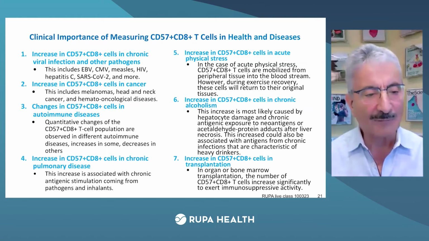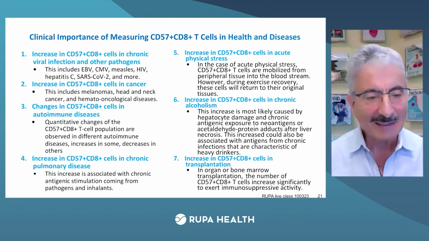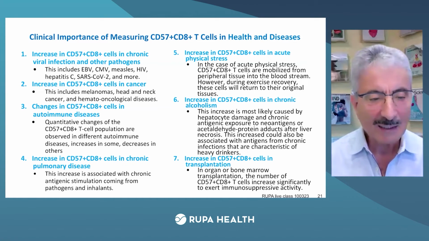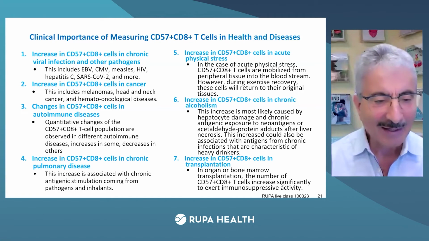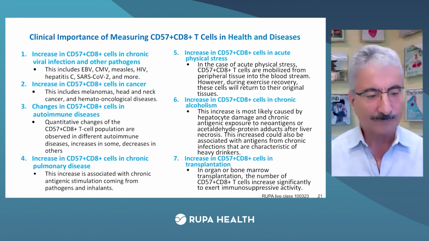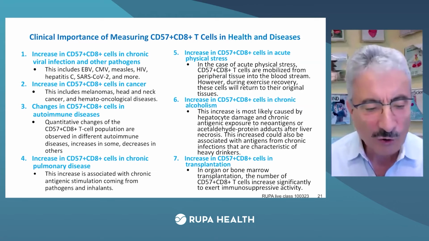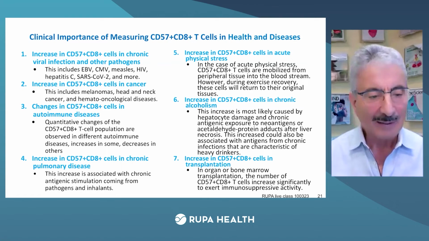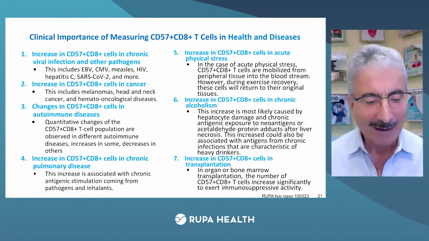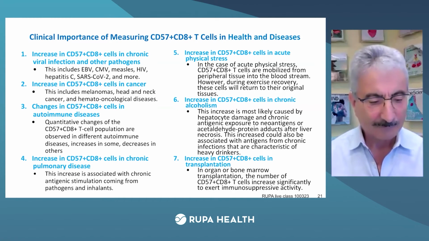Increase in the number of CD57, CD8 positive cells is found in many cancers, including melanomas, head and neck cancer, and other cancers. In autoimmune diseases, the number of CD57, CD8 positive cells is highly elevated.